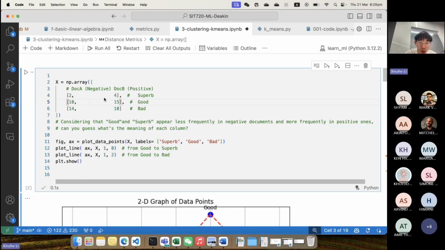You can see here there is 2, there is 4, so always smaller than document B for the super word. For good words, the same, right? Always smaller than document B. And for the last example, the negative word bad is more frequent in document A than in document B. So B is positive. Vice versa, you can compare.